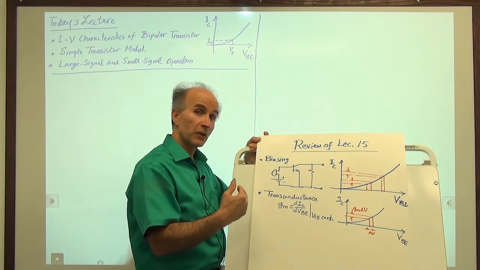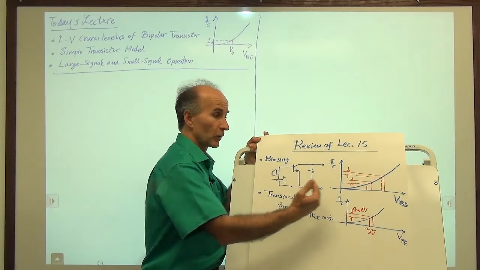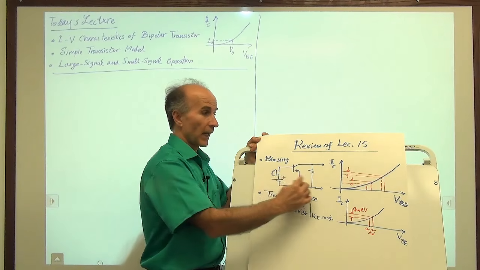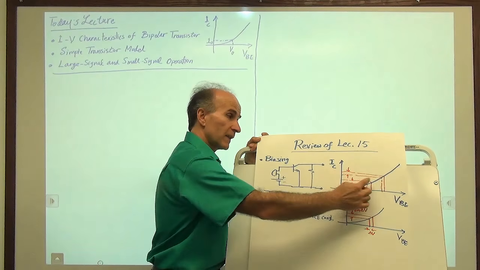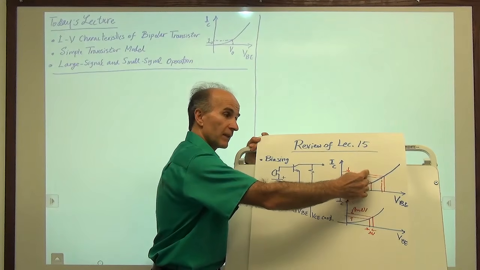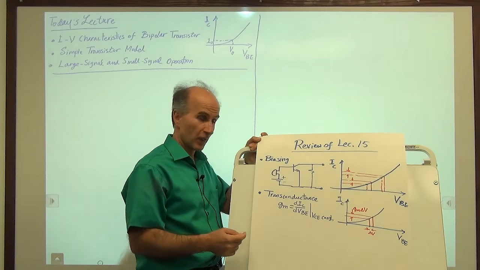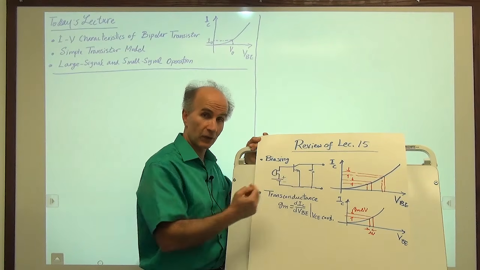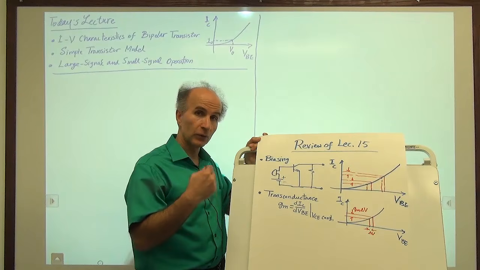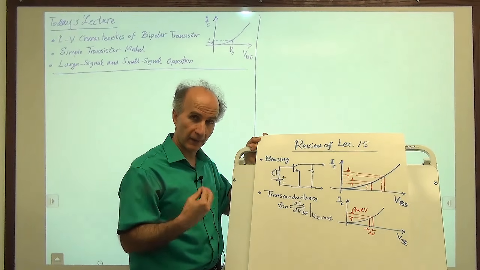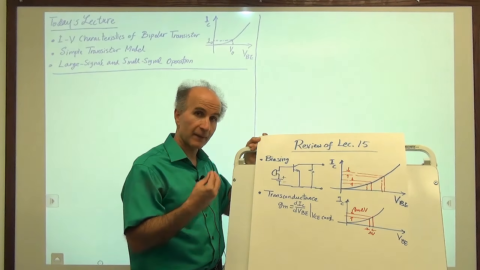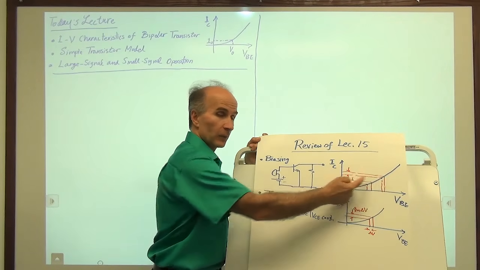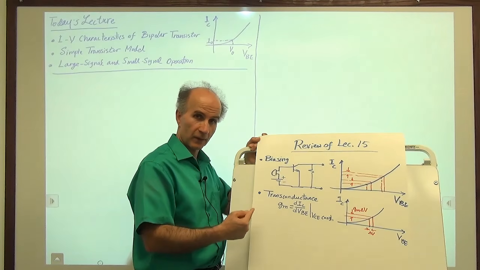But if we change the operating point to a higher base emitter voltage, so we use a larger battery voltage and a higher collector current, then the microphone signal gives us a greater current change and hence a greater output voltage. So the circuit has more amplification. To quantify that effect, we said, why don't we look at the slope of the characteristic? Here we have a lower slope, here we have a higher slope, because this is an exponential function.